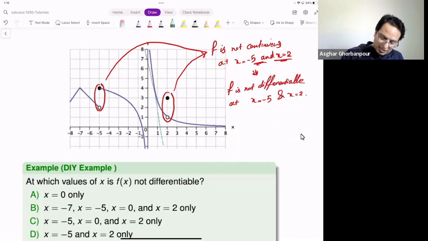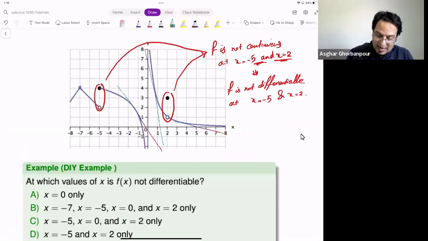Like you see, at this point, I can draw a tangent line, something like that there, something like that there. And this can be done for all the points, but at the corners, wherever the graph has corners, or sometimes people say cusps for some other cases, the tangent line doesn't exist.